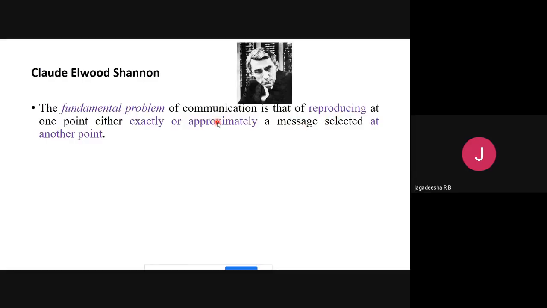To do that, that information should be measurable. So he gave a mathematical framework to measure that information. So he is called the father of information technology. He holds a bachelor's degree from Michigan and graduate degrees, MS and PhD, from MIT.